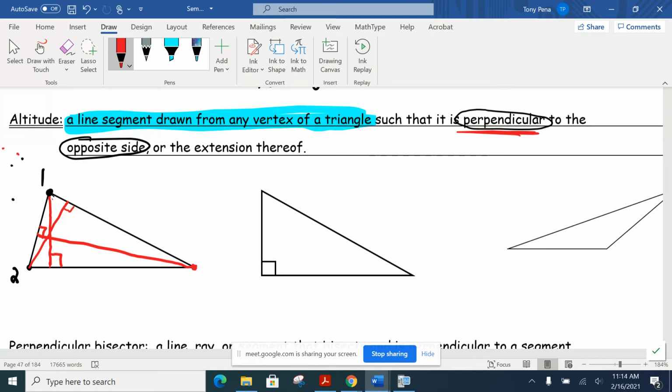So there's always 3 altitudes, just as there's always going to be 3 medians. Next one. In terms of labeling these, call this angle 1 and draw in your altitude. So go to the other side from angle 1, the 90-degree angle, and draw a line that's perpendicular to the opposite side.